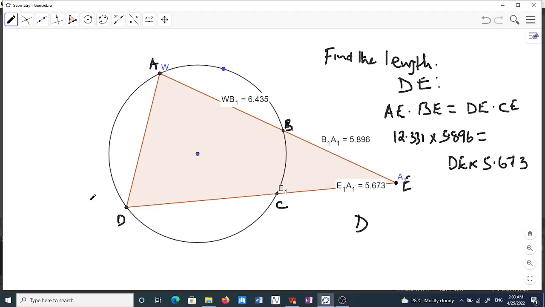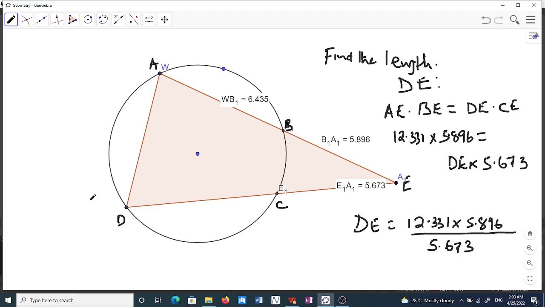So for us to get DE, you get 12.331 times 5.896, then you divide both sides by 5.673. Using the relationship, it will give you DE directly.